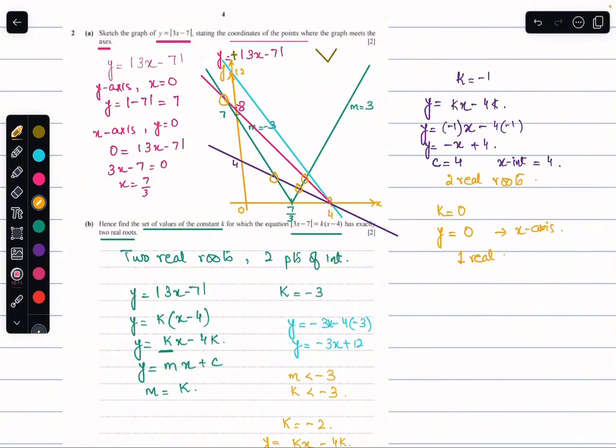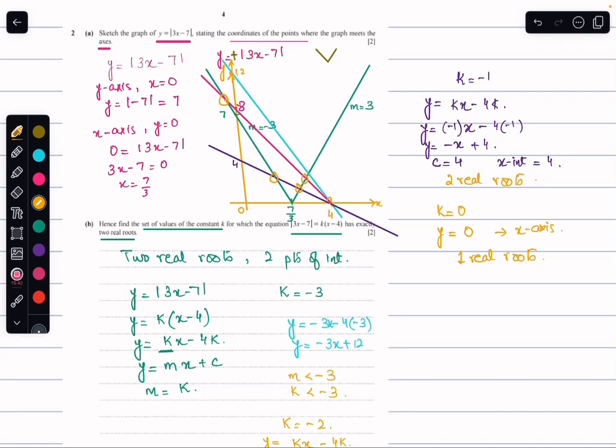So with this discussion, what we have come to know is that if my k values are within the limits of negative 3 and 0, then the line y equals k times x minus 4 and the absolute function 3x minus 7 will be having two real roots as shown in the diagram.